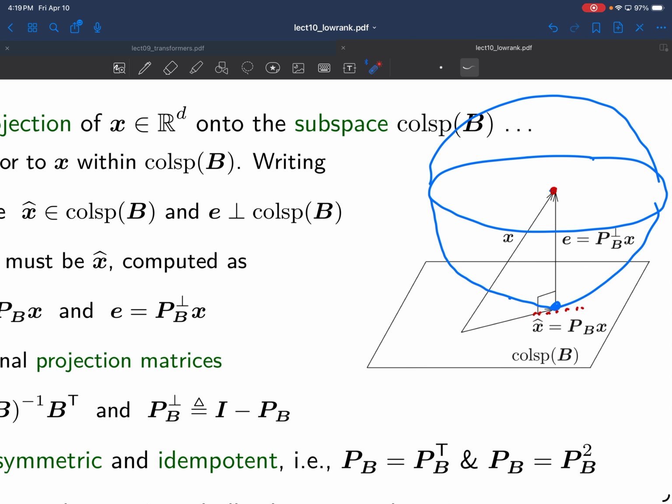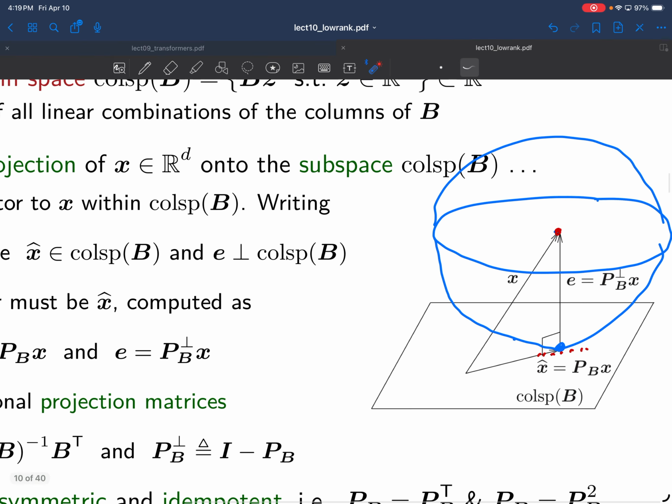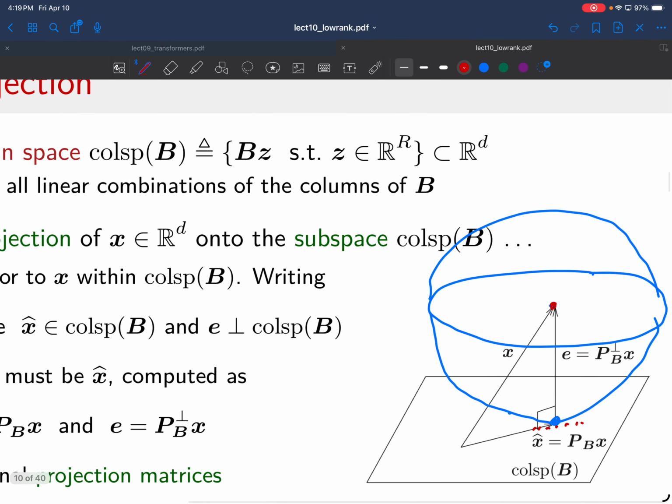Now, if you think about it, there's going to be a right angle between this vector and the plane. Maybe I'll just draw a one-dimensional case. If it wasn't at a right angle, that means there's actually a closer point that you could have found, because that's going to be closer.